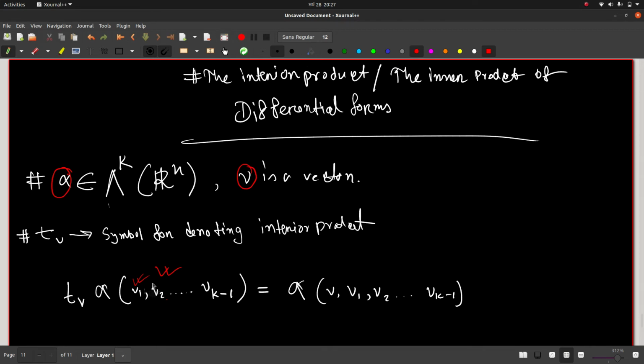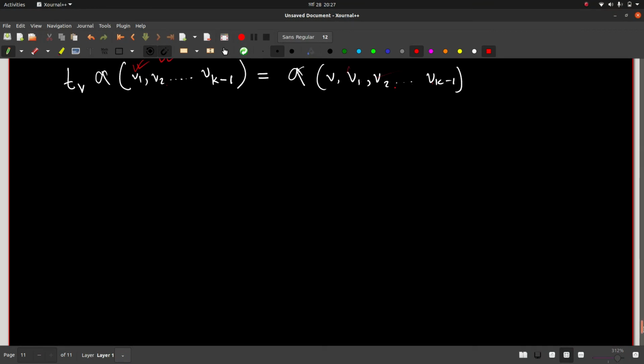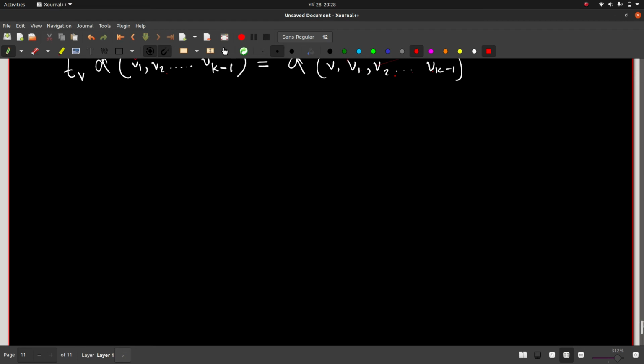So whatever is happening over here, it really doesn't matter. All these v1, v2, they don't really matter, and we'll see why this is so in an example. So let's take a very simple example. What is the most simple one? A two form, right? If you want to take an example, the first thing to go for is a two form only. So this is a simple example.